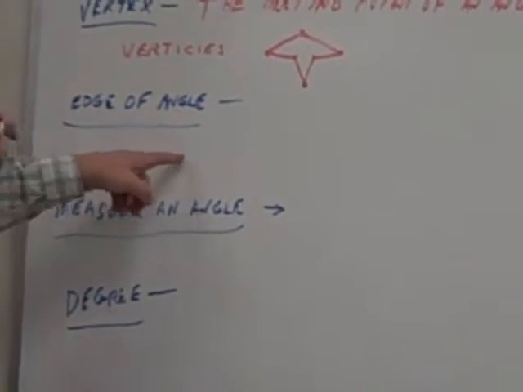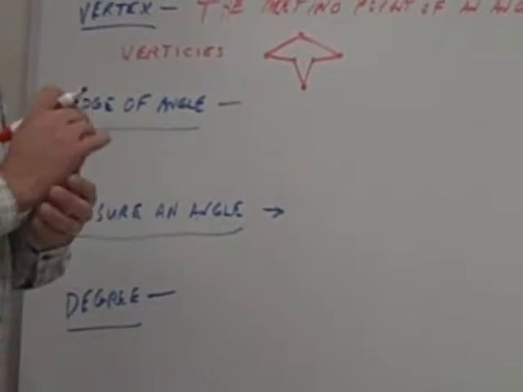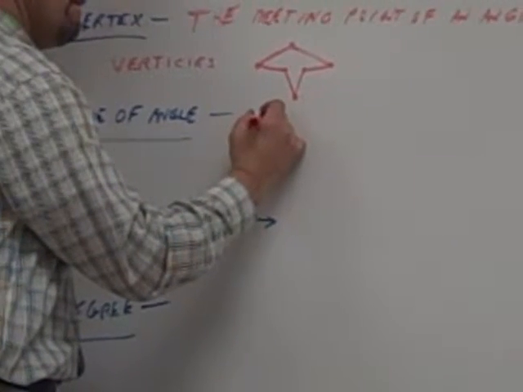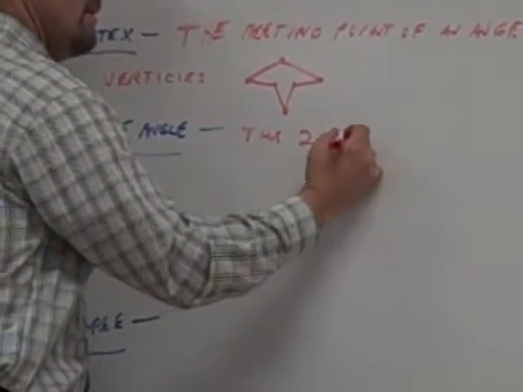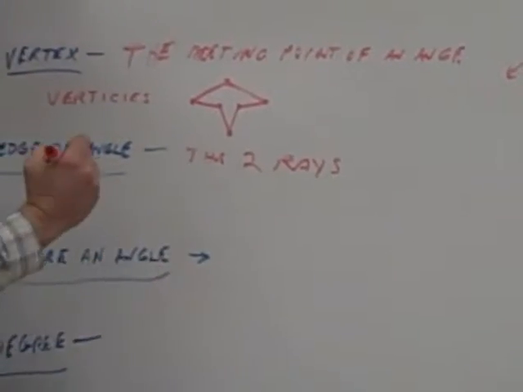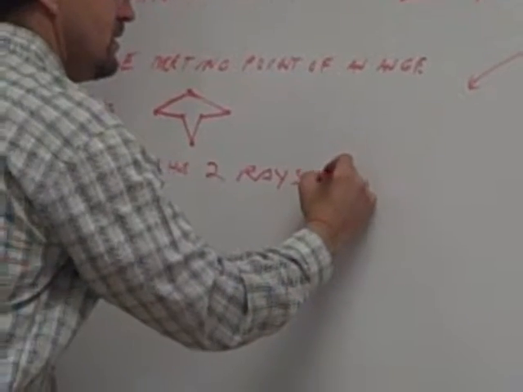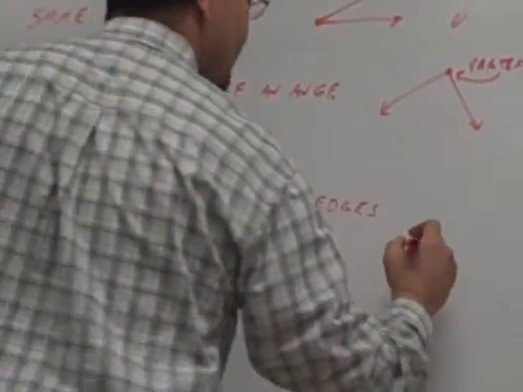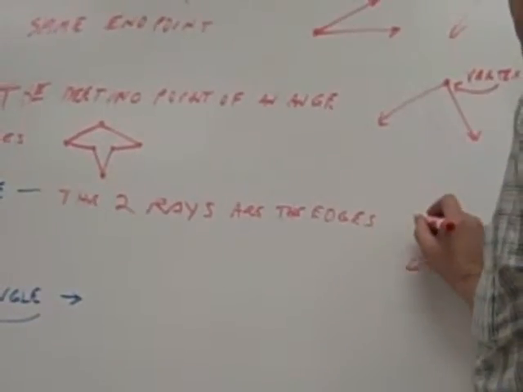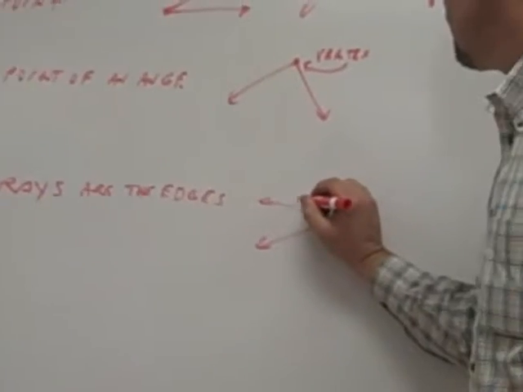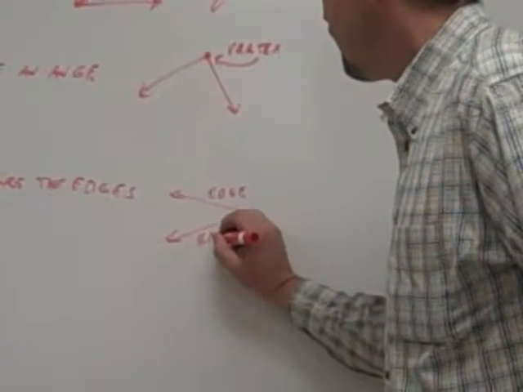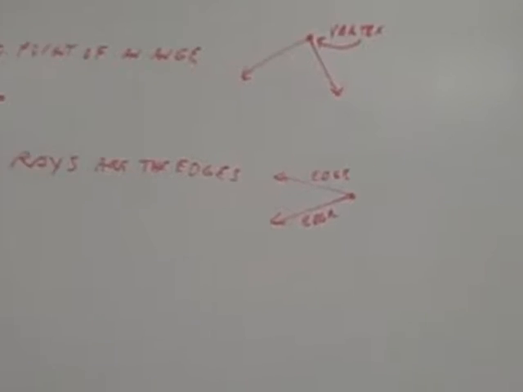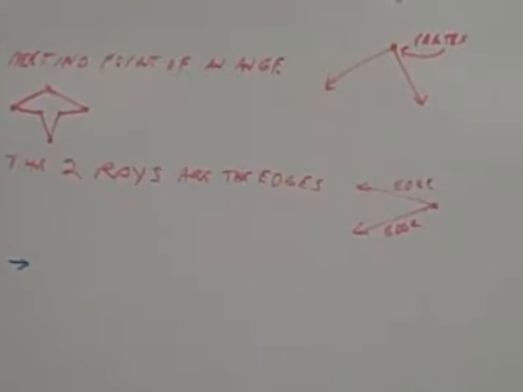We're talking about the edge of an angle. The two rays are the edges.